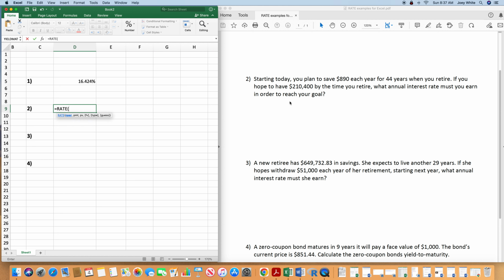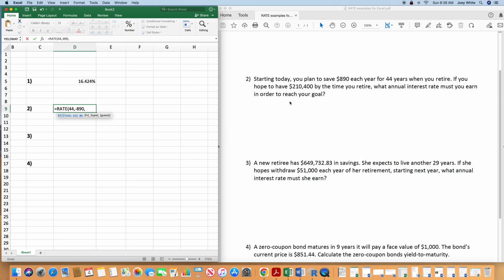Number of periods is 44, comma. The payment, since this is an outflow and going into a savings account, it has to be negative, so negative 890, comma. Present value, there is no present value because it's an annuity.